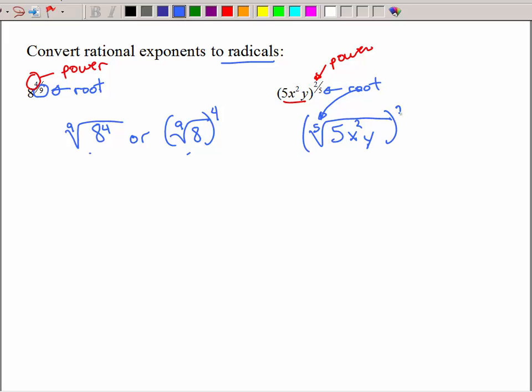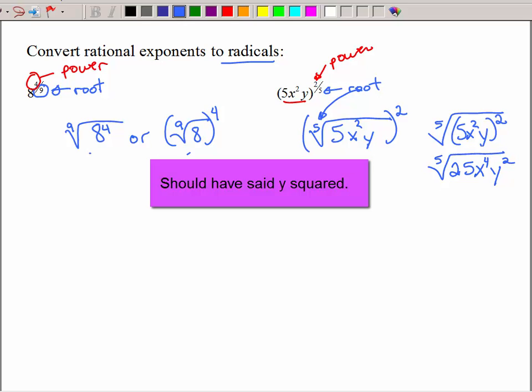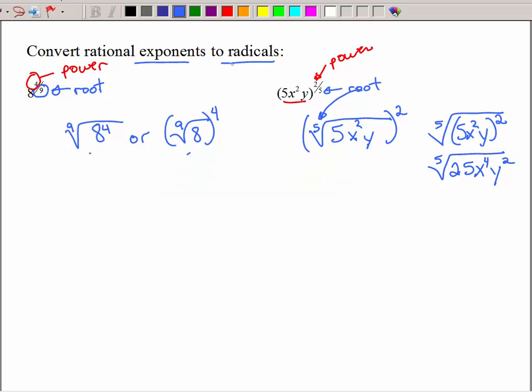So I could put parentheses squared, or I can take the fifth root of 5x squared y all squared. You could leave it like that, or you could take this one step further and actually square that and say, well, that's 25 x to the 4th y. But all I really want you to learn is how to convert the exponents to radicals.